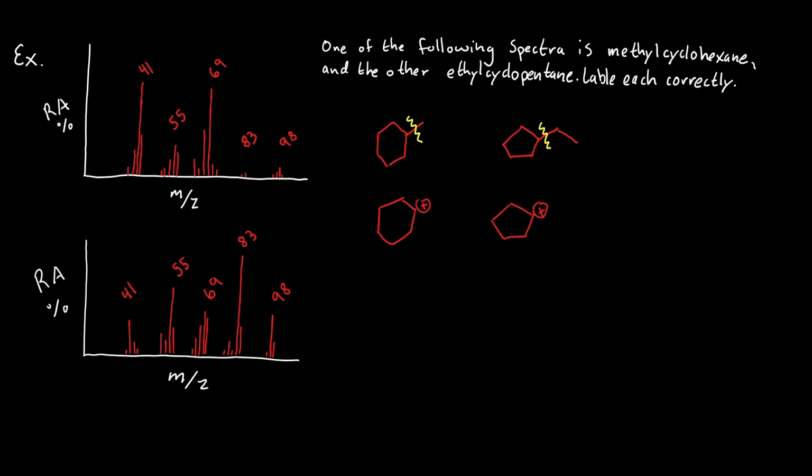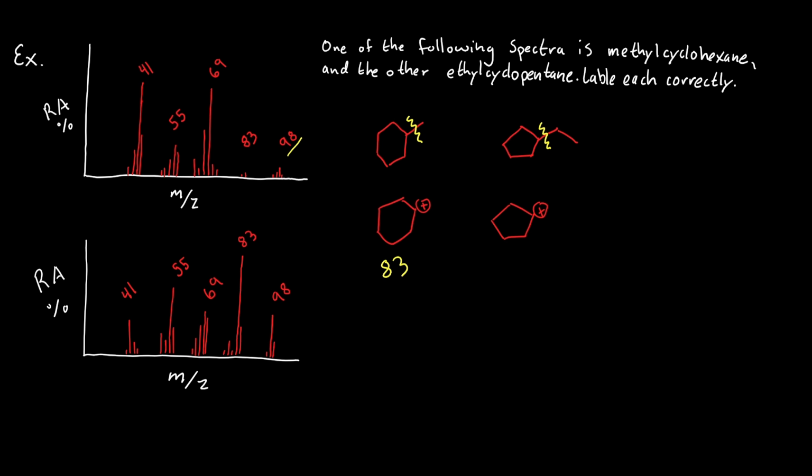If we add up the masses, or rather think about what we lost: for methyl cyclohexane, we lost a carbon and 3 hydrogens, so we lost 15, which means, assuming our mass was 98 to start, losing 15 would mean our major peak would be at 83.